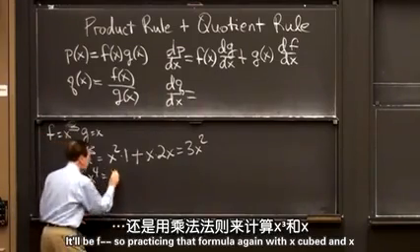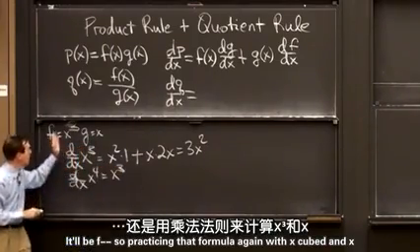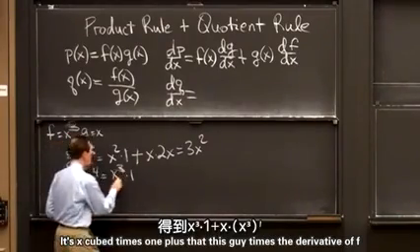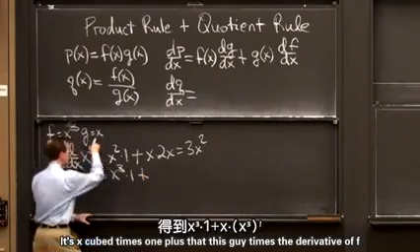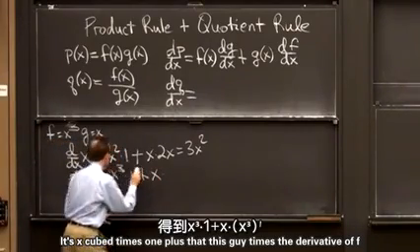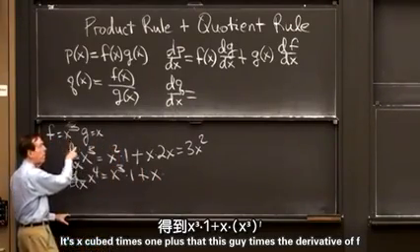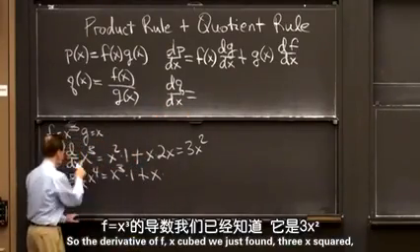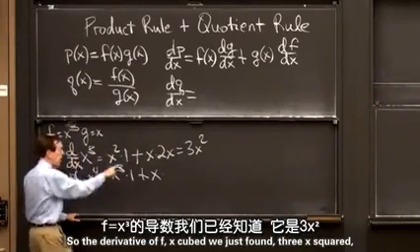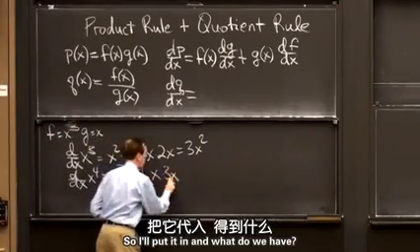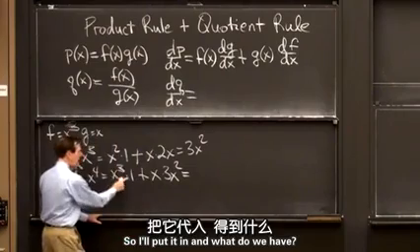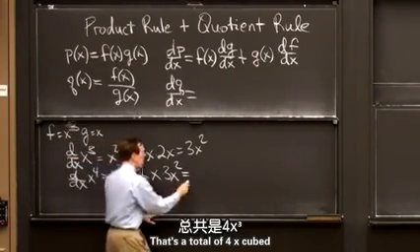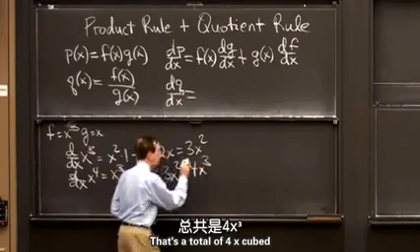So practicing that formula again with x cubed and x, it's x cubed times 1 plus this guy times the derivative of f. Right? I'm always going back to that formula. So the derivative of x cubed, we just found 3x squared, so I'll put it in. And what do we have? X cubed here, 3 more x cubed here. That's a total of 4x cubed.